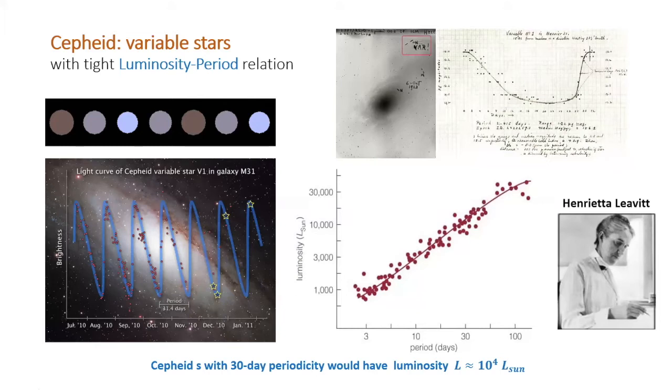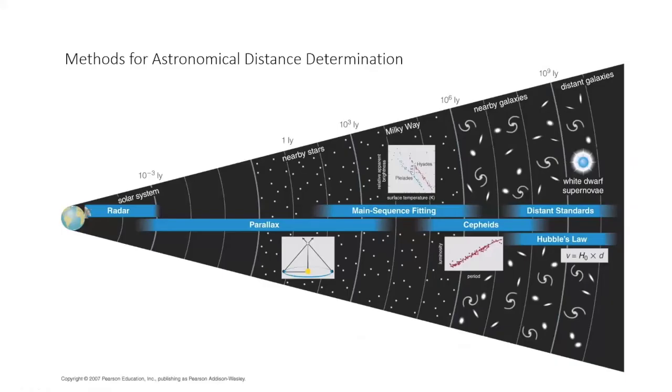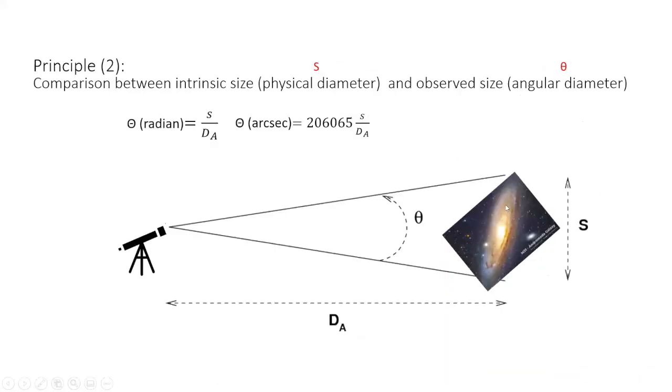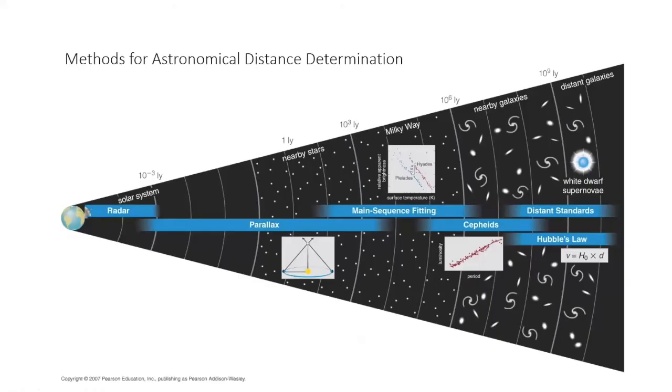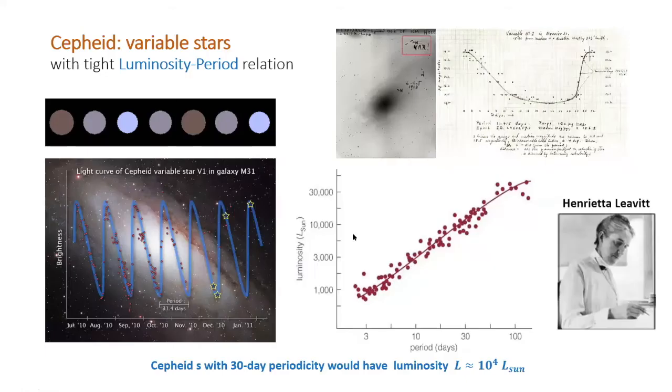So if you have a galaxy whose distance you know, for example, Andromeda, we know its distance because it's close enough that we could know its extent, and it also has Cepheid variables.